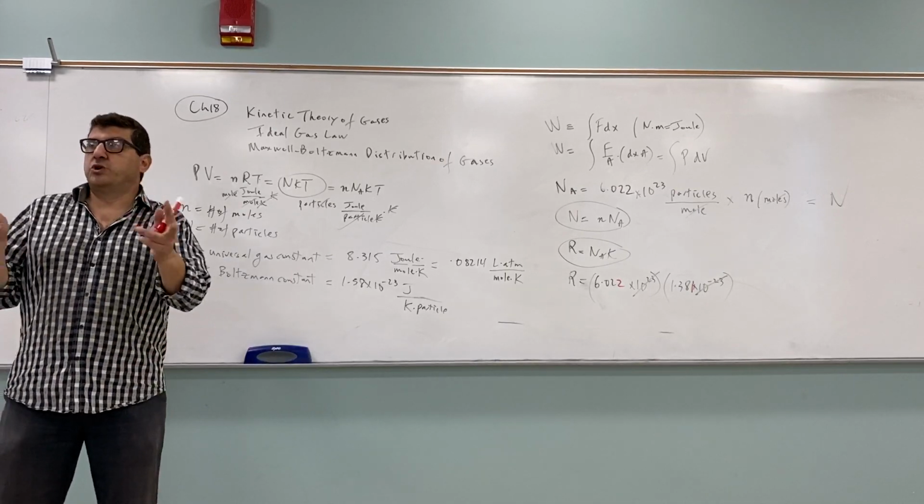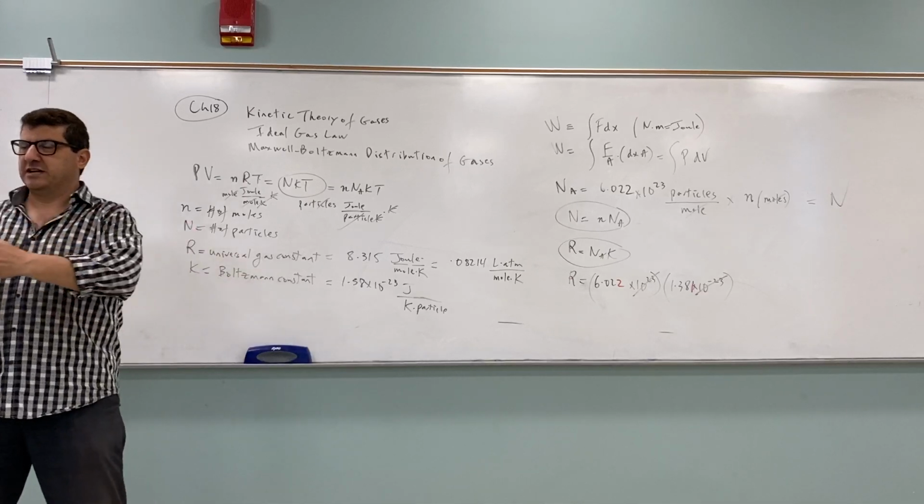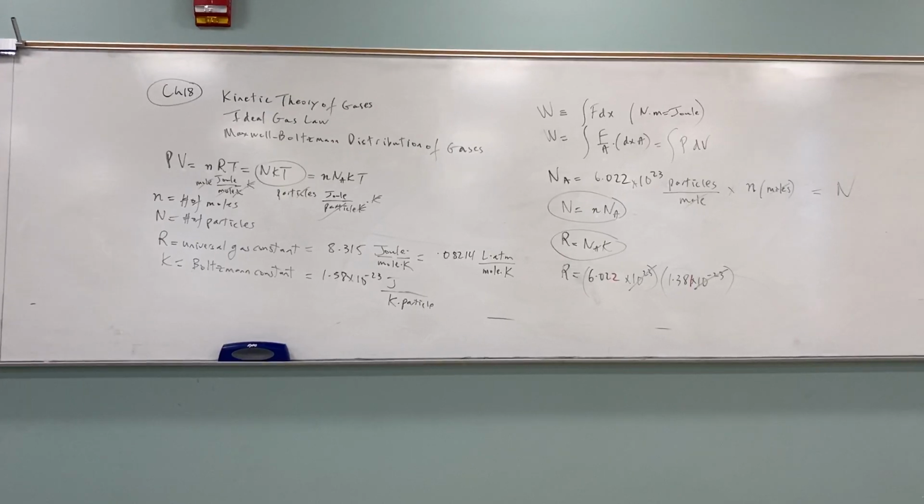So if you remember two of these, you can always derive the third one. If you remember Avogadro's number and Boltzmann's constant, you can derive the gas constant.